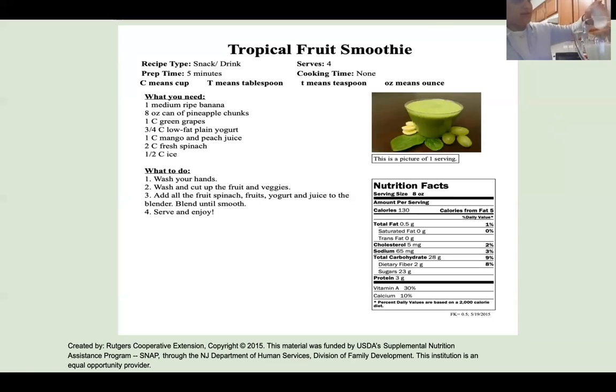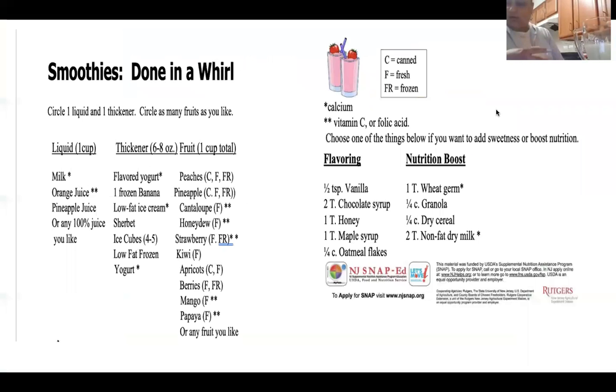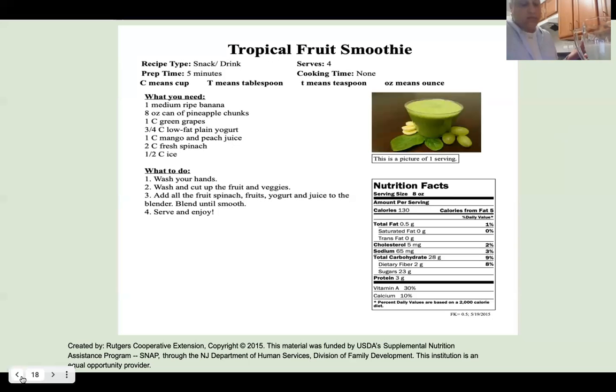You can choose the plain yogurt or the Greek yogurt. Also, the recipe called for peach juice and mango juice, but I prefer to do it fresh. So I bought a raw mango and a raw peach. I cut it up. One peach gave me half a cup, which is this right here.